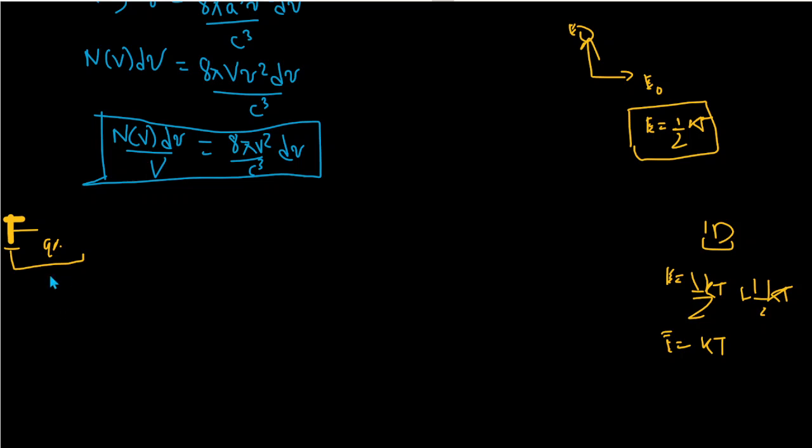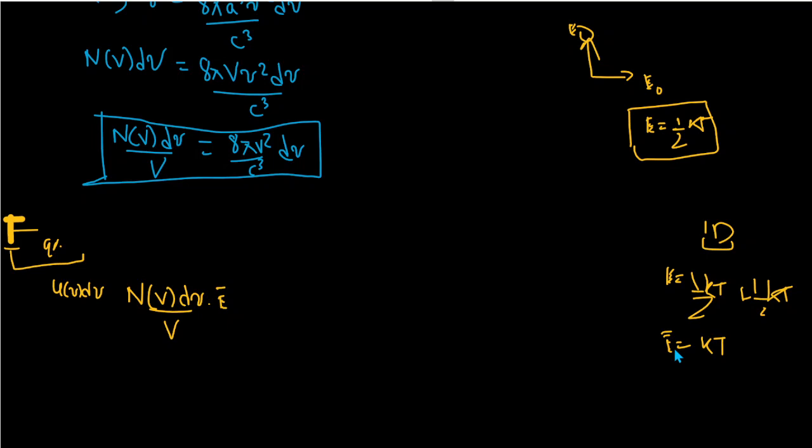The energy density is equal to n(ν) dν divided by volume, into the average energy, because this average energy is for the one-dimensional harmonic oscillator.